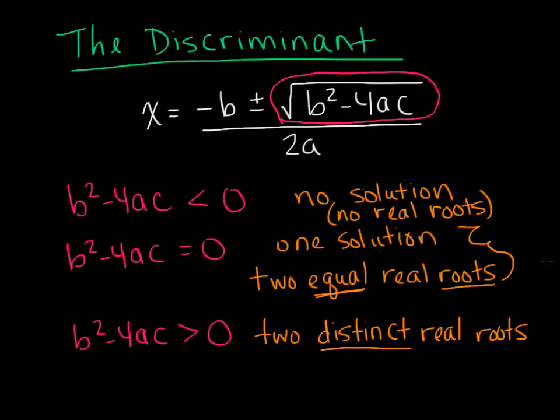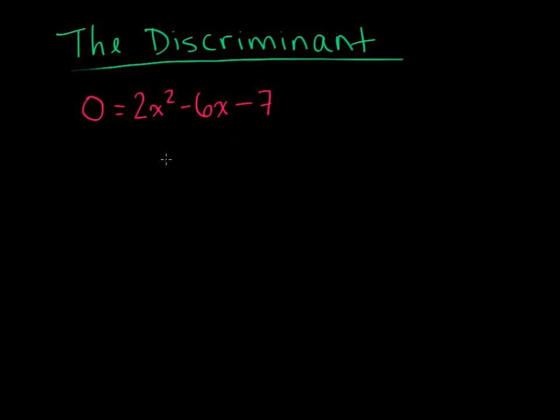Okay? Now, this b squared minus 4ac is what we call the discriminant. Okay? So what we're doing is we're checking the value of the discriminant to see if it's negative, positive, or equal to 0, and then interpreting what that means. Okay, so for this quadratic equation, we are going to use the discriminant to figure out how many solutions the quadratic equation has.